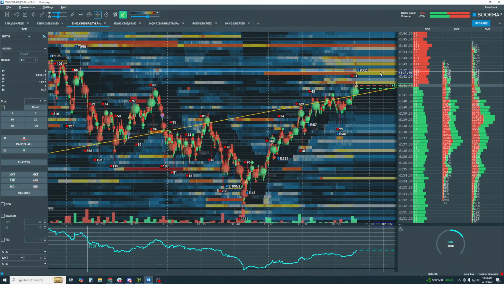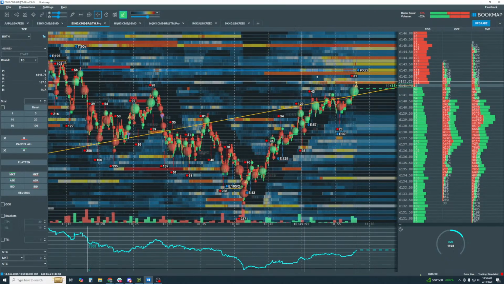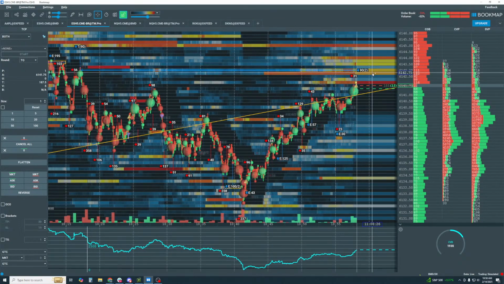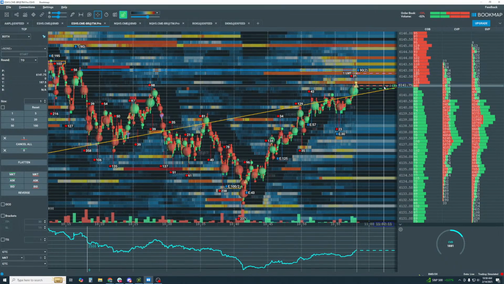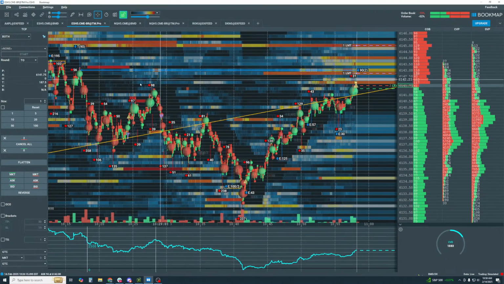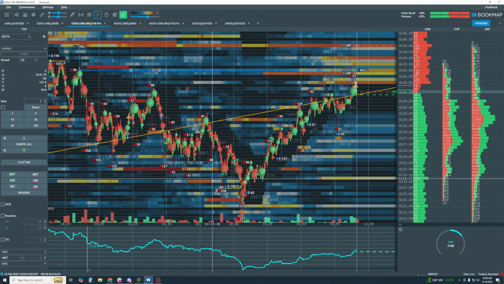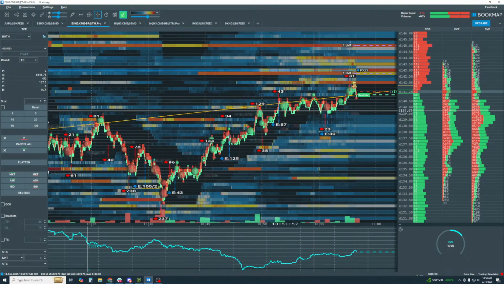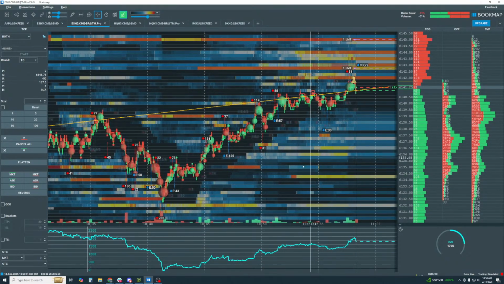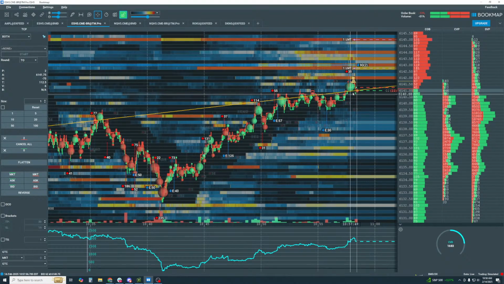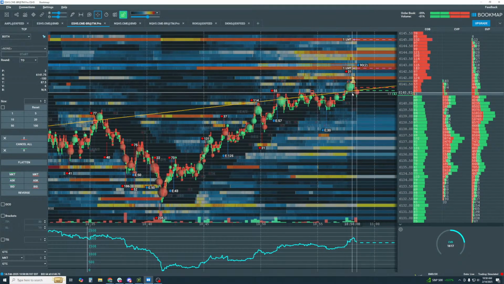In fact, let's just do it. Let's look for a move up to here. In fact, maybe we can put on 2 and then just look for getting out at some of these areas here. Okay, so we're looking for the test into the high liquidity. If this doesn't follow through on the buy side, then we are out.